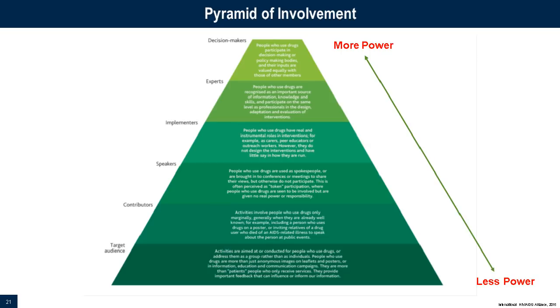There are several examples of this. One low threshold example for a needle exchange program to include people who use drugs in decision making is to set up a consumer advisory board made up of program participants. I had the experience of governing one of these at a needle exchange program that I worked in. It was an advisory board populated by people who use drugs and utilize the program.